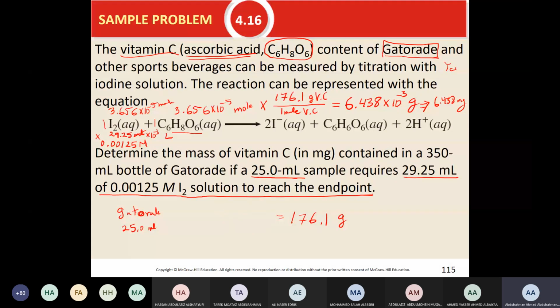This is available now. I'll take this away, I hope. This is available in 25 milliliter. I want the whole bottle. 25 milliliter contain 6.438 milligram. Then a 350 milliliter bottle, how many milligrams?